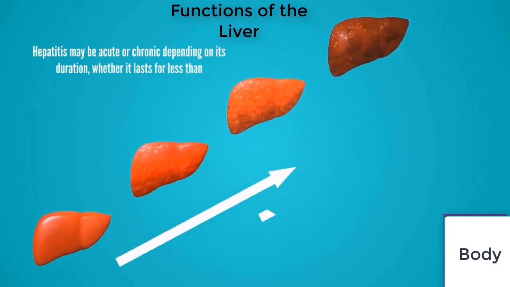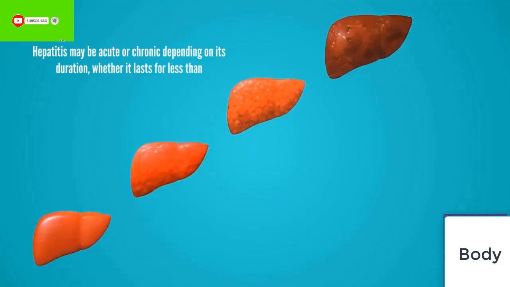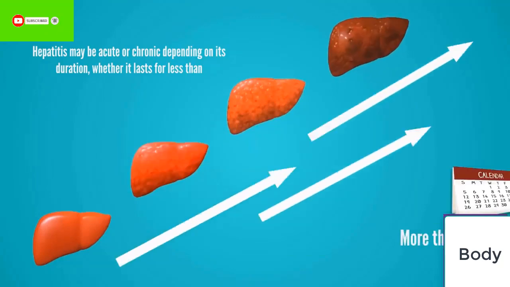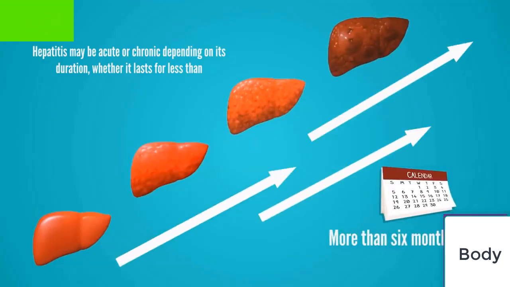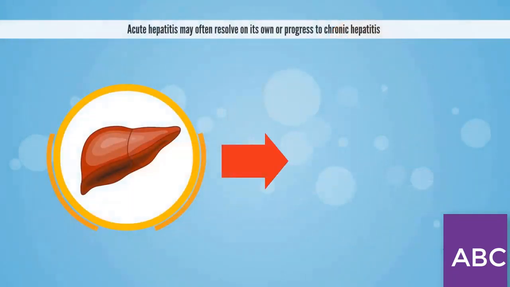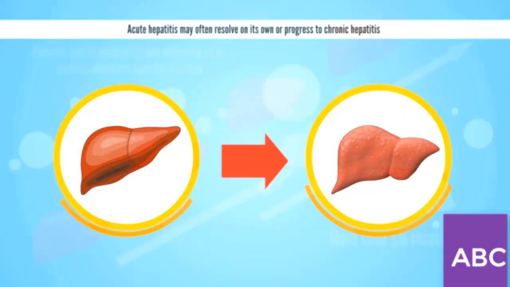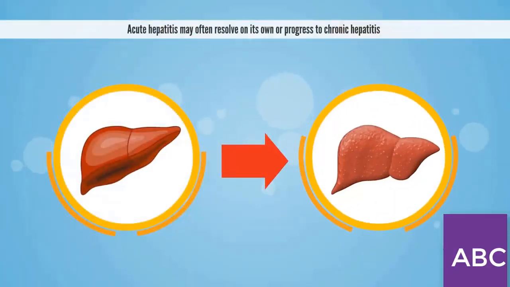Hepatitis has various forms. These may include acute or chronic. As a matter of fact, hepatitis may be acute or chronic, depending on its duration, whether it lasts for less than 6 months or more than 6 months. Acute hepatitis often resolves on its own, but if that does not occur, it may progress to chronic hepatitis.